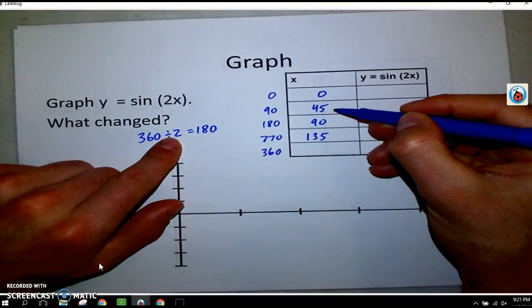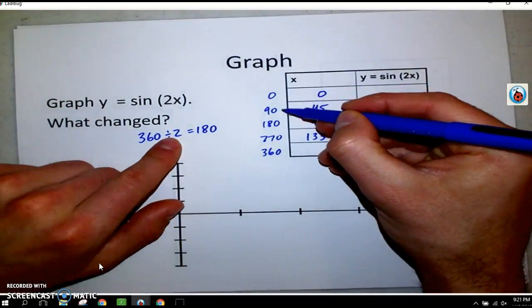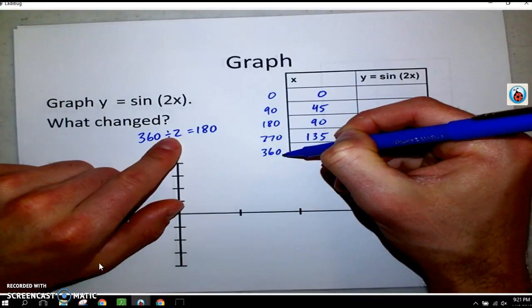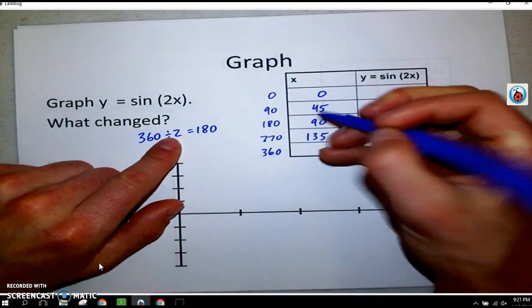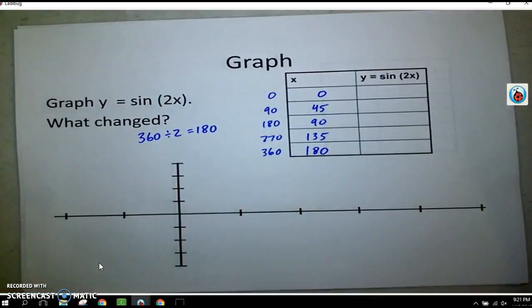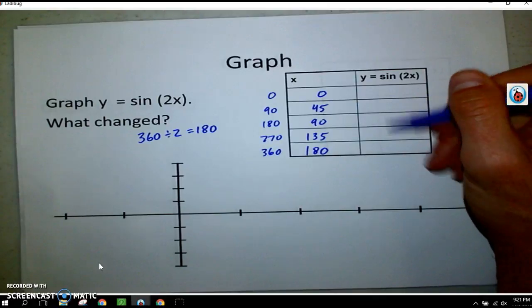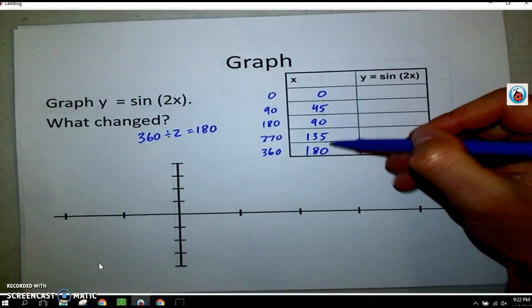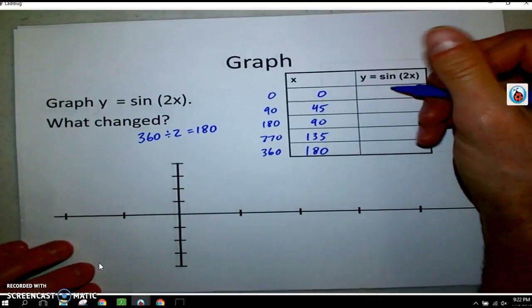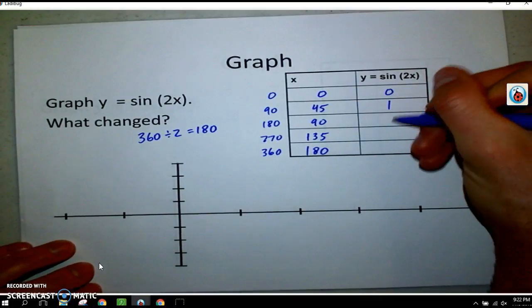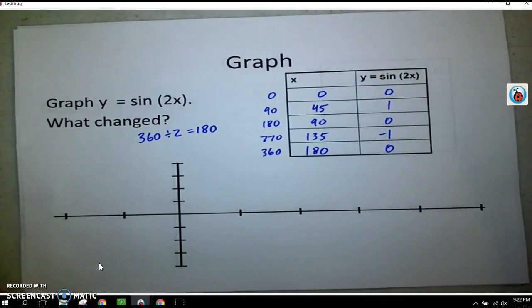And at this point, you're noticing that instead of increasing by 90 for all of these coordinates, I'm increasing by 45s, and I would end at 180. Now, all of my y values will be the same as the parent function now that I have adjusted the x coordinates here. So sine starts at 0 and goes to 1, 0, -1, and 0.